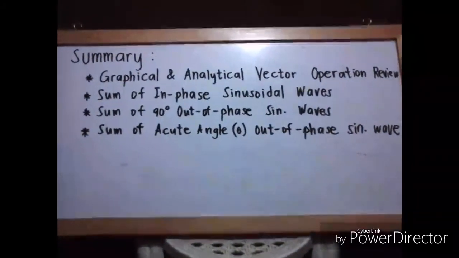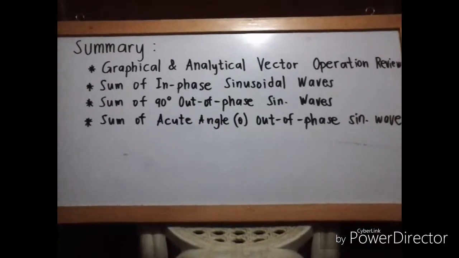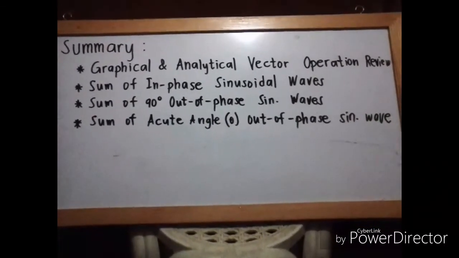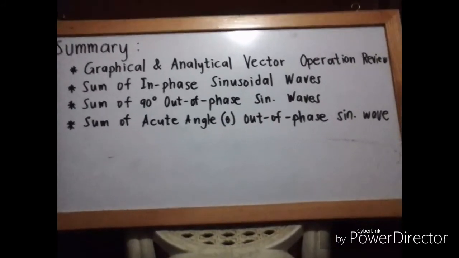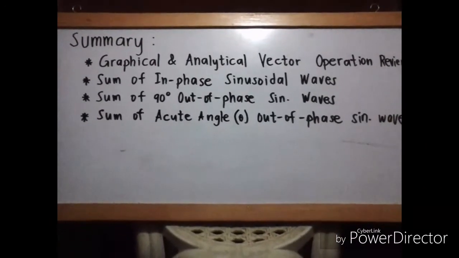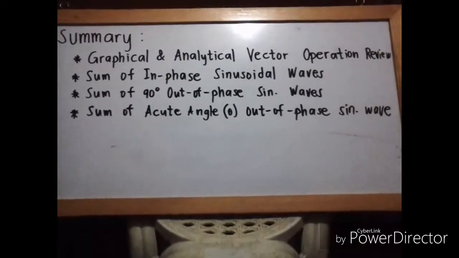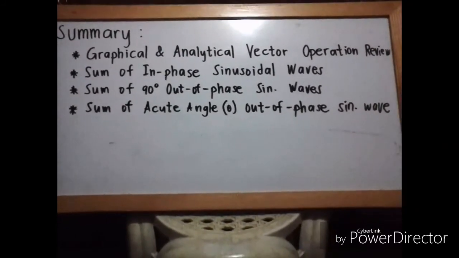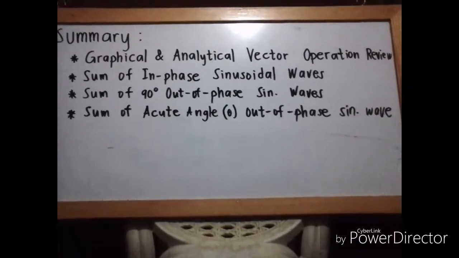Okay, let's have a summary of what we have learned today. First of all, we have reviewed the graphical and analytical vector operation. After that, we found out what is the sum of in-phase sinusoidal waves, and also the sum of 90 degrees out of phase sinusoidal waves.